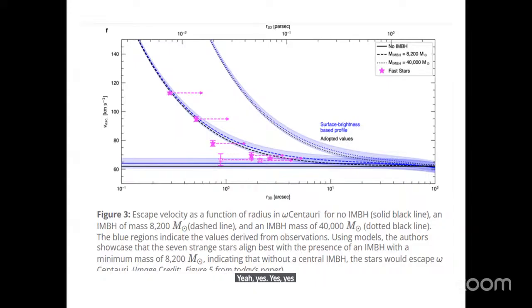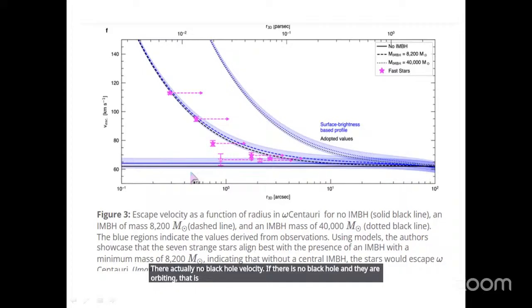So if there is no black hole, these red, blue and black lines, flat, constant lines, are actually the no-black-hole velocity. If there is no black hole and they are orbiting, this is a theoretical line.